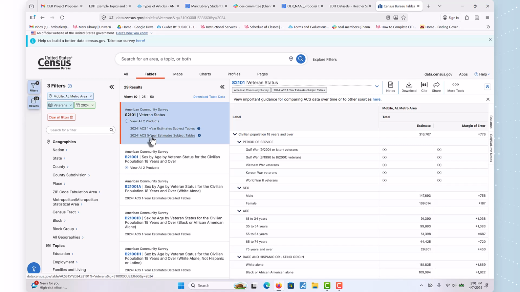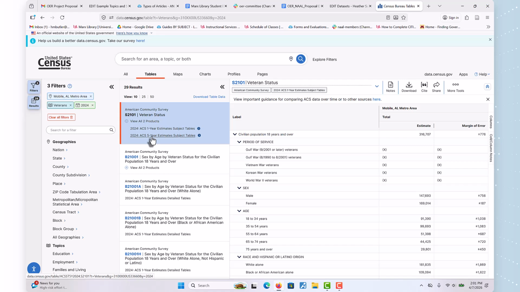So here we can see that we actually cannot see information about when the different veterans served. So if that's something I wanted to know, then I'm going to have to look for a different result, a different product, which just means a different survey, to see if they do have a survey that asks the question of what period of service.